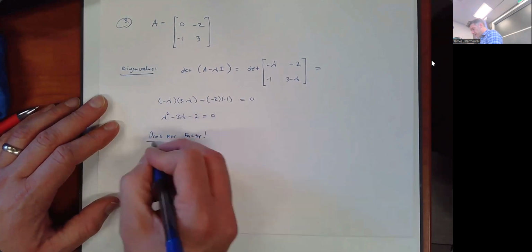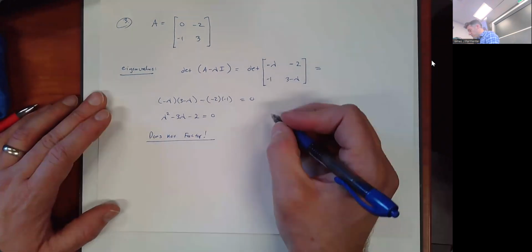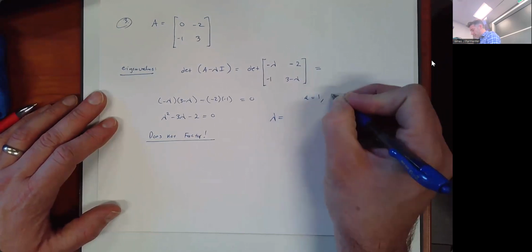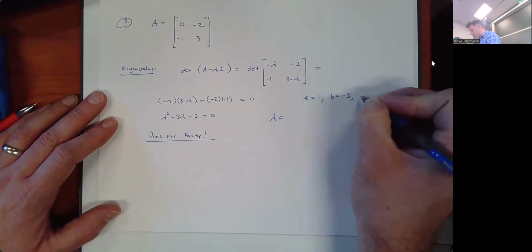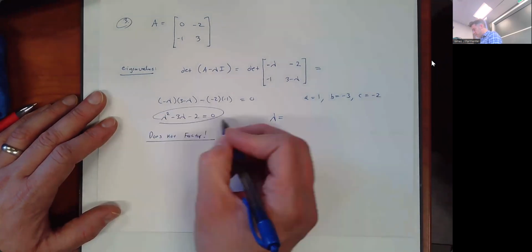So what we do instead is we use the quadratic formula. So my A value is 1, my B value is -3, my C value is -2, just looking at this.